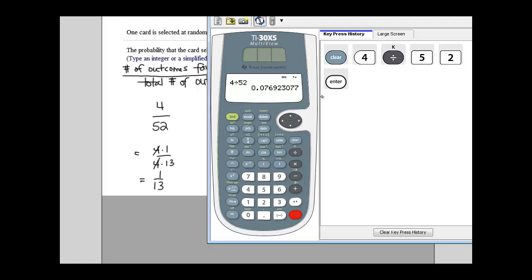And if I wanted to see the fraction in its most simplified form, there is a button here: if I press second and then table, you see this up above, it's fraction changed to decimal or changed back to fraction. So I pressed second, pressed that button, and pressed enter, and it changes it to the simplified fraction 1 over 13, which is what we got to begin with.